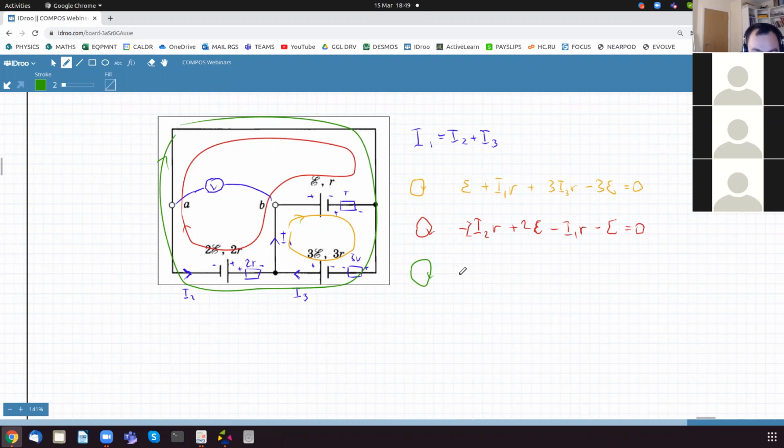So plus I3R plus 3I3R minus 3 EMF minus 2I2R and plus 2 EMF is 0. Okay.